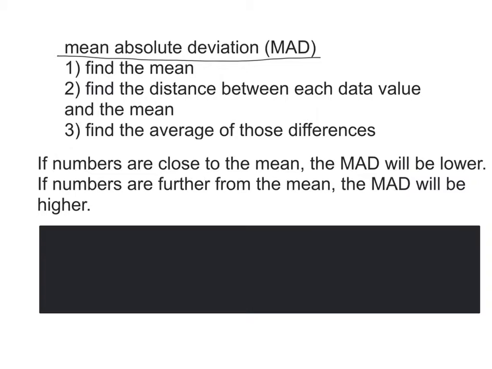In other words, low mean absolute deviation, there's less variability. The numbers are all pretty close to the mean. If we have a high mean absolute deviation, the numbers are more spread out. We have more variability. Okay, and again, the video we watch with Khan Academy is going to explain that a little bit more visually for you, so you can see exactly what we're talking about.